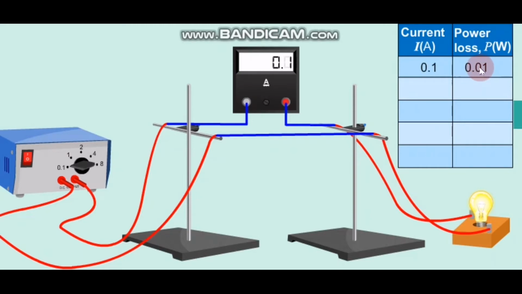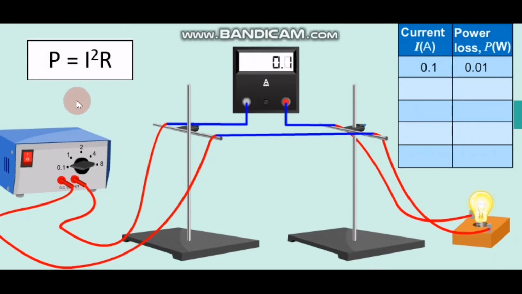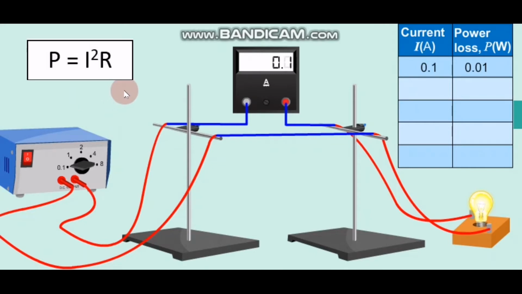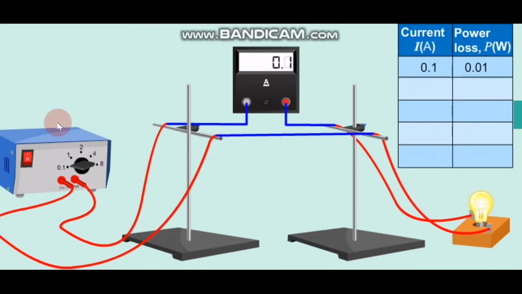How do we get this? Power loss in an electrical cable is given by P equals I squared R, where P is the power loss, I is the current flowing through the cable, and R is the resistance of the cable. Now I adjust the current to 1 ampere.